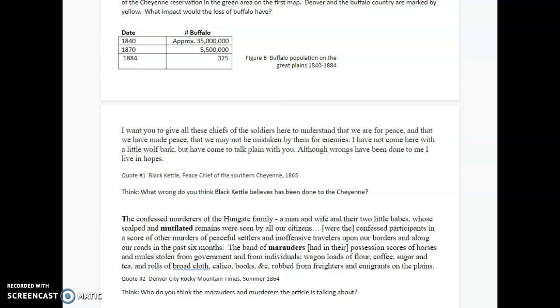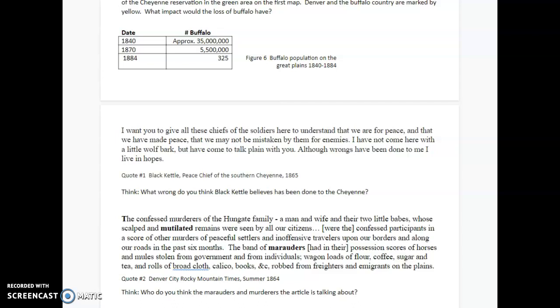Quote number 2 is from the Denver City Rocky Mountain Times newspaper in the summer of 1864. "The confessed murderers of the Hungate family, a man and wife and their 2 little babes, whose scalped and mutilated remains were seen by all our citizens, were the confessed participants in a score of other murders of peaceful settlers and inoffensive travelers upon our borders and along our roads in the last 6 months.